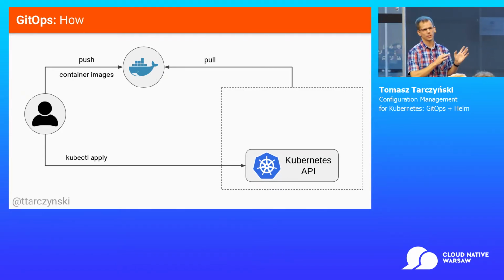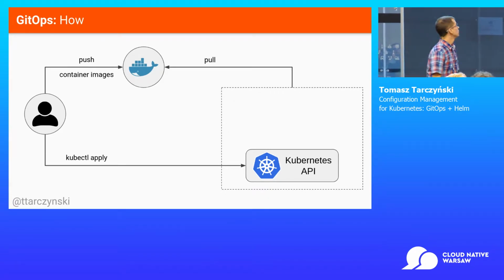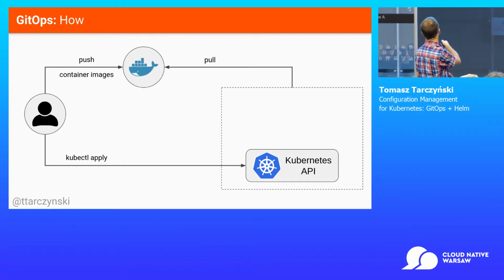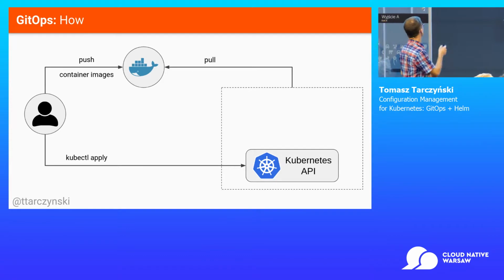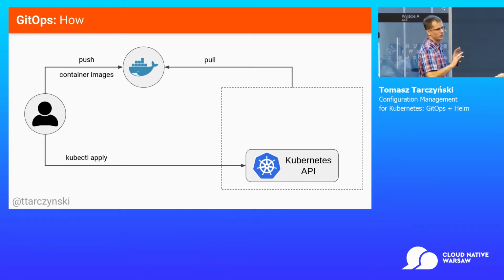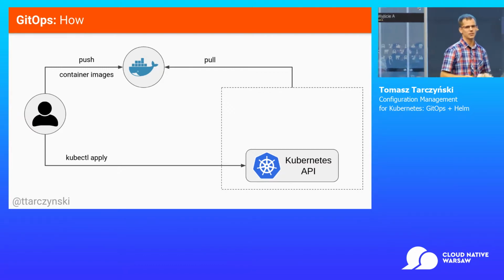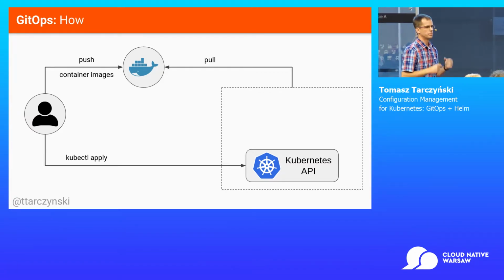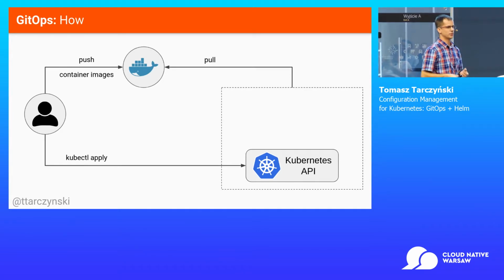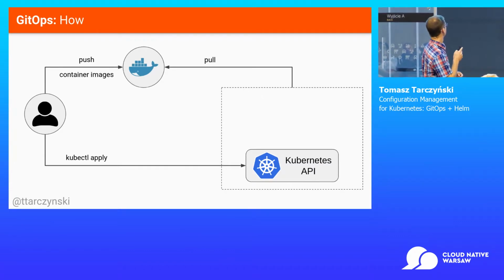When we work in an imperative way, it would mean that I, as an operator, or some kind of Jenkins server, just provide images of our containers, and then we use kubectl to interact with our cluster, and by a list of commands, make the cluster move to the state that we want.